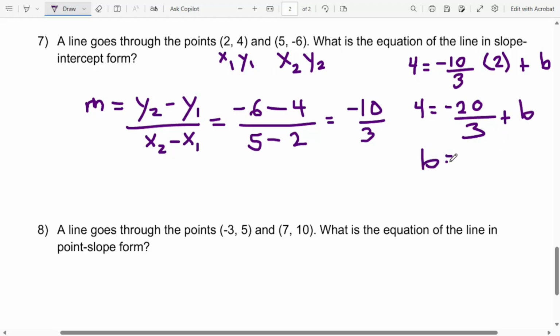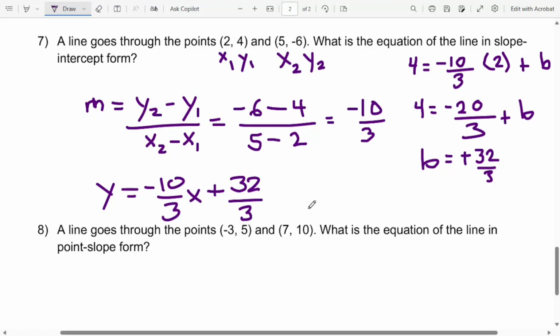B is going to be, well, 12 thirds minus negative 20 thirds, or well, we're going to add 20 thirds to both sides. So 12 thirds plus 20 thirds is going to be a positive 32 thirds. So we could write it as y equals negative 10 thirds x plus 32 thirds.